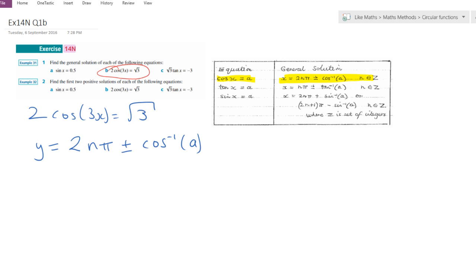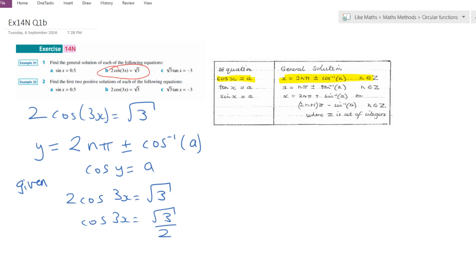Okay, now we also know that the cosine of, now remember we're using y here, cosine of y is equal to a. Now we're given that 2 cos 3x equals root 3, or writing another way, cos 3x is root 3 over 2.